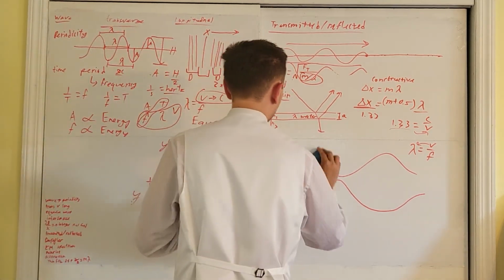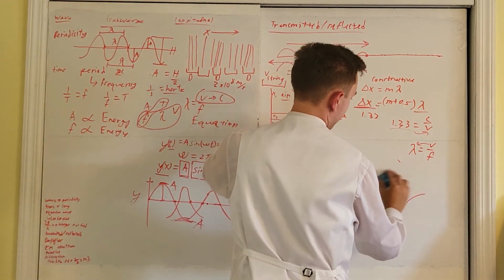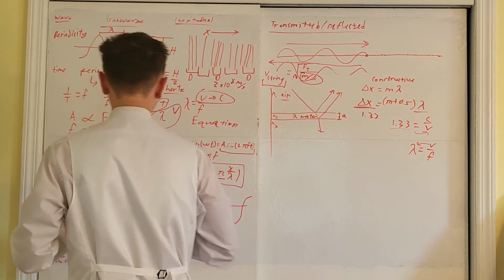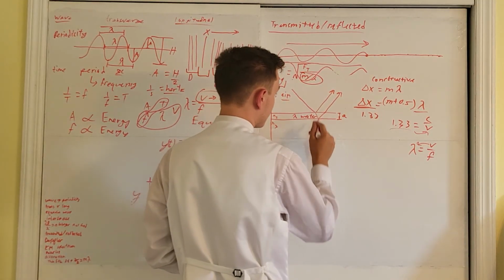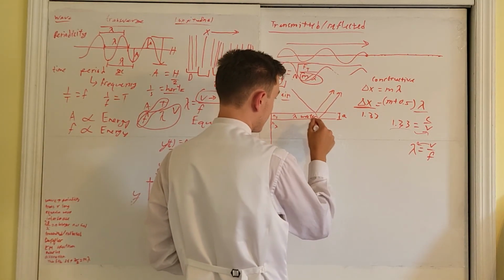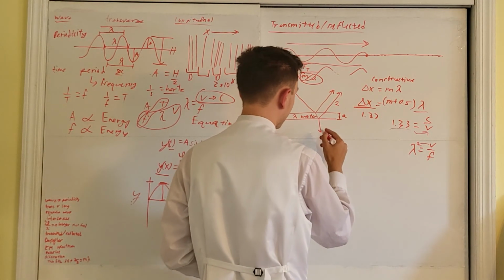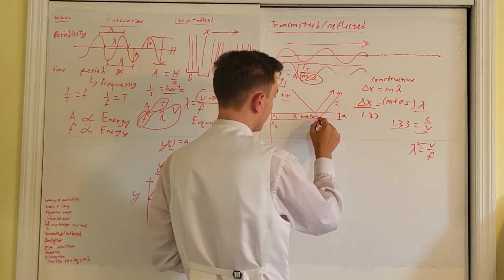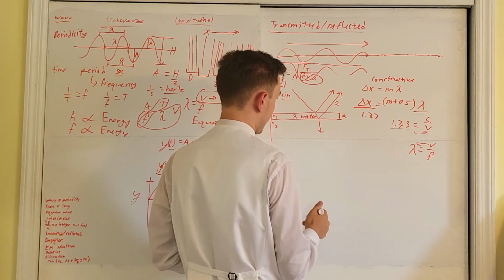So notice that the first incident ray comes in contact with the boundary and then immediately reflects off, okay? So relative to the first incident ray, our second ray that's coming up right here is traveling through N2 and then traveling through N2 a second time to come back out.